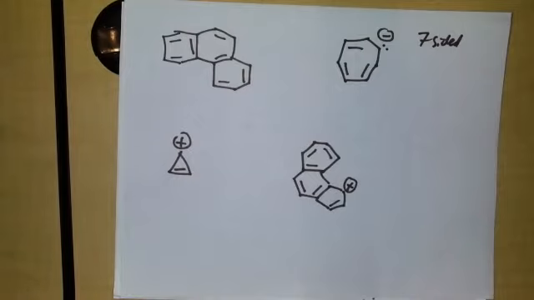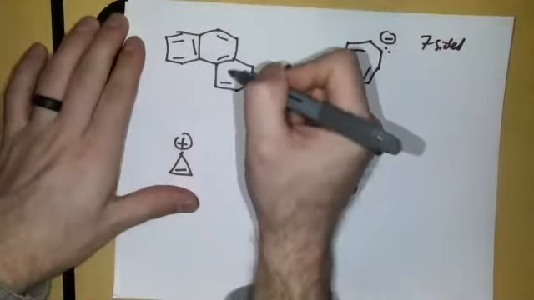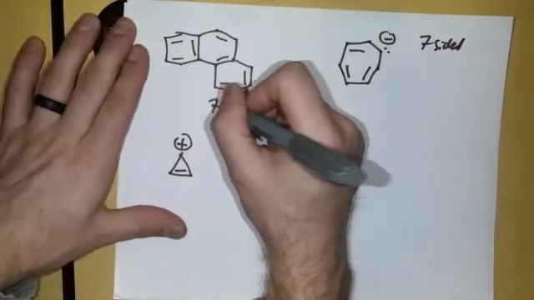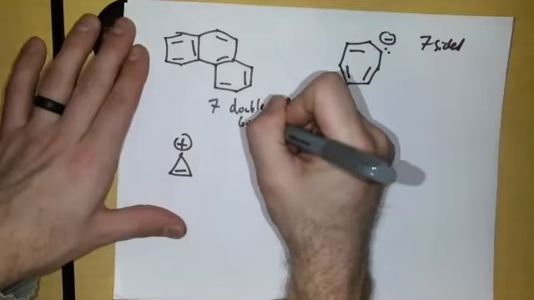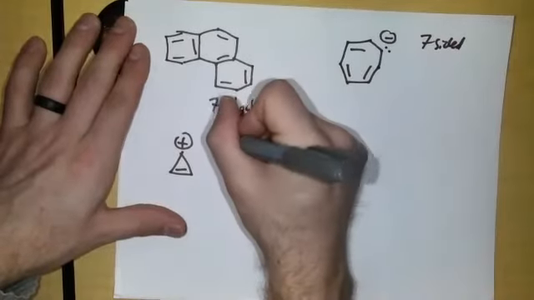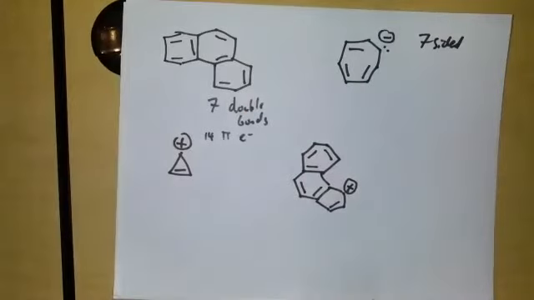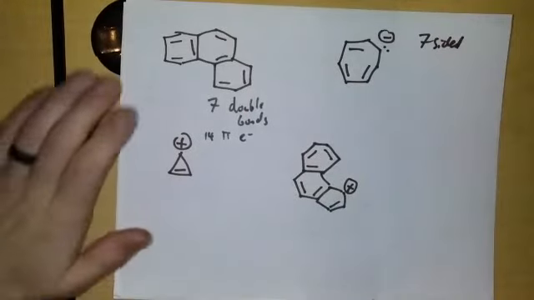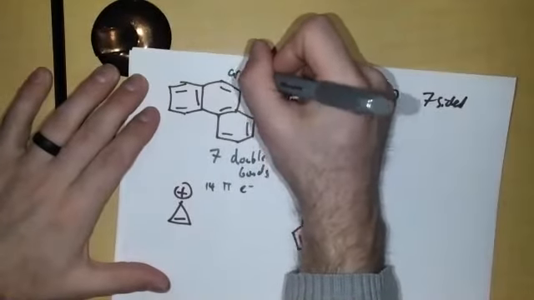All right, so let's count our double bonds. In this first one, we have 1, 2, 3, 4, 5, 6, 7 double bonds, which means we should have 14 pi electrons. If we look back at our chart, that will put us in the aromatic range.